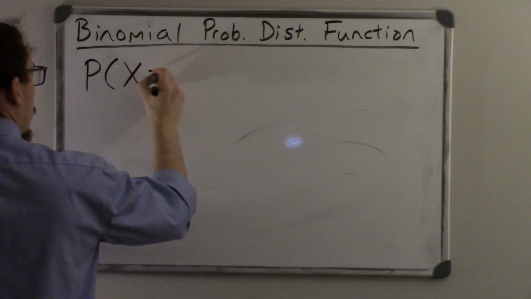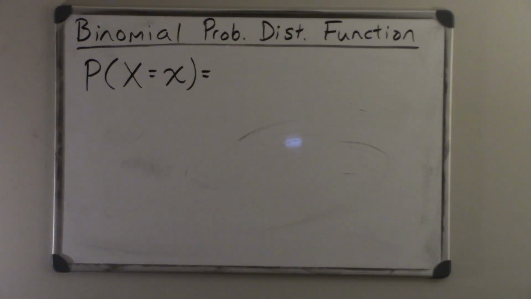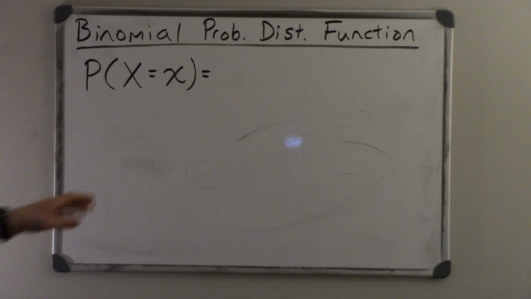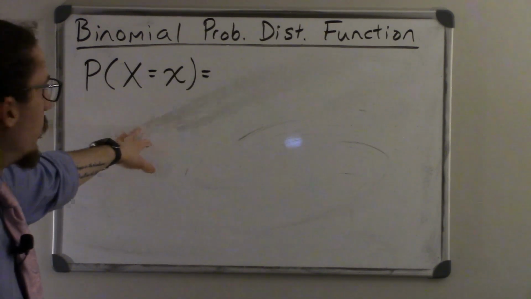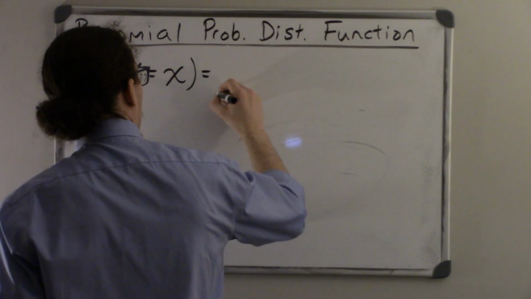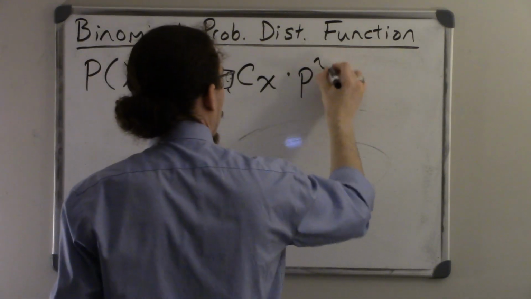This is how we're going to know how to calculate a probability for a binomial random variable. Starting off with our standard, generic probability statement, then we're going to go on. Actually, I'm just going to write it out, and then we'll talk about it.